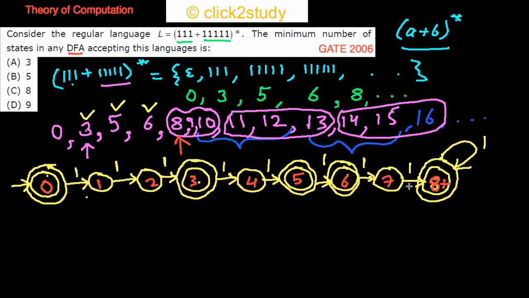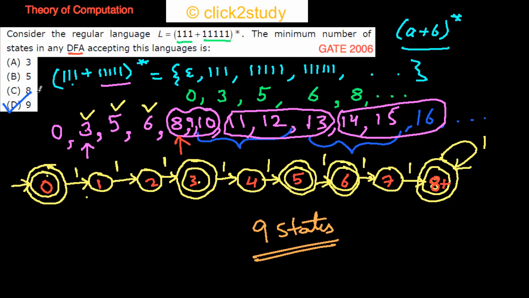But if you merge them, then after reading 3 ones, you will accept something. So this is the minimum you can do, and you cannot merge any of the states out here. You cannot minimize this further, and these are 9 states. So this is the DFA that you get in this case, and that's why your answer is 9 states. You cannot do better than this.